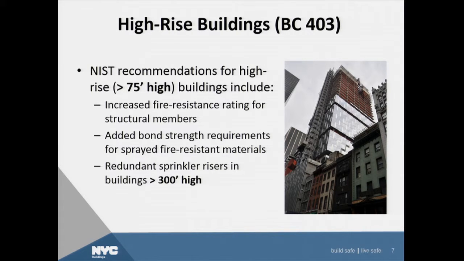Essentially, we're increasing the fire resistance rating for structural members. We're adding bond strength requirements for sprayed fire-resistant materials, meaning on the steel. We're describing it more, and we're adding higher bond strength. And there will be redundant sprinkler risers required in any of these buildings that are over 300 feet. So this, again, is an overview of what is in the code.